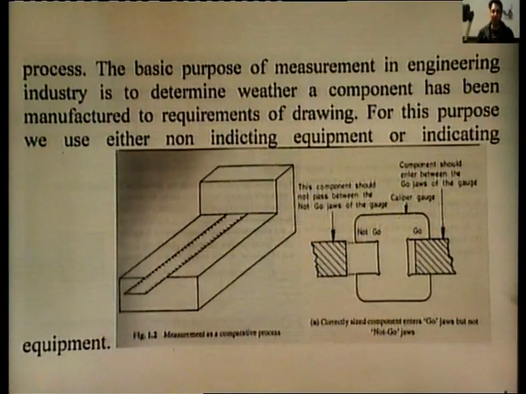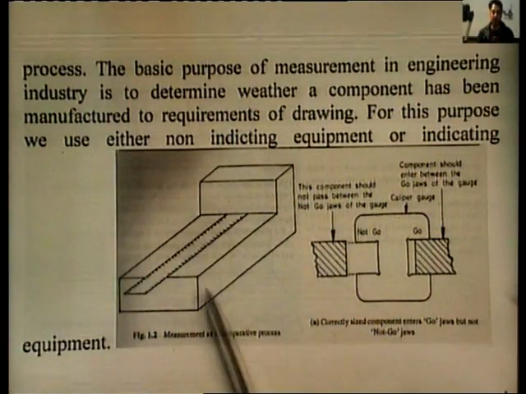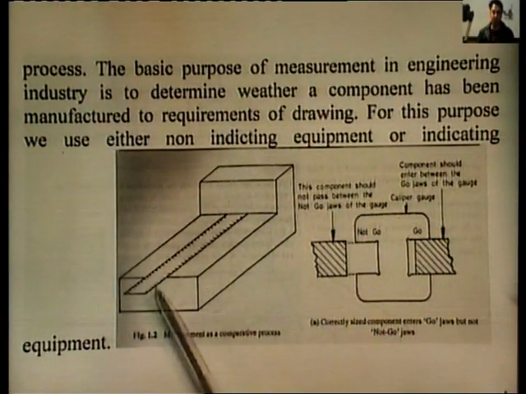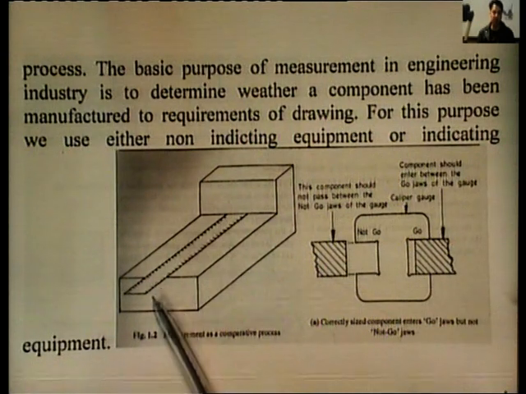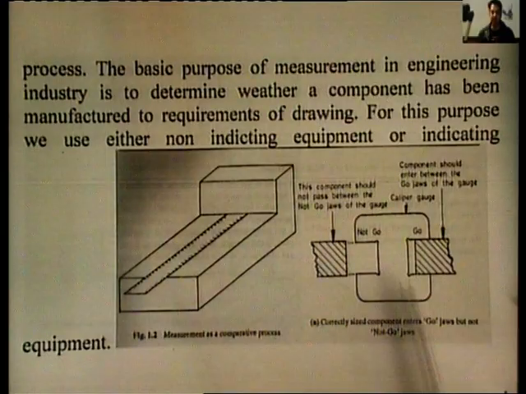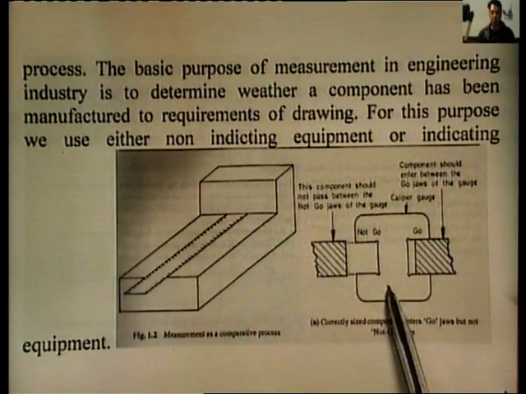On your left hand side, you can see this job, and a ruler scale is placed over this job. So over here we have the indicating equipment in which we have some kind of ruler, and on your right hand side we have a go and no go gauge. I believe you all are familiar with the go and no go gauge.